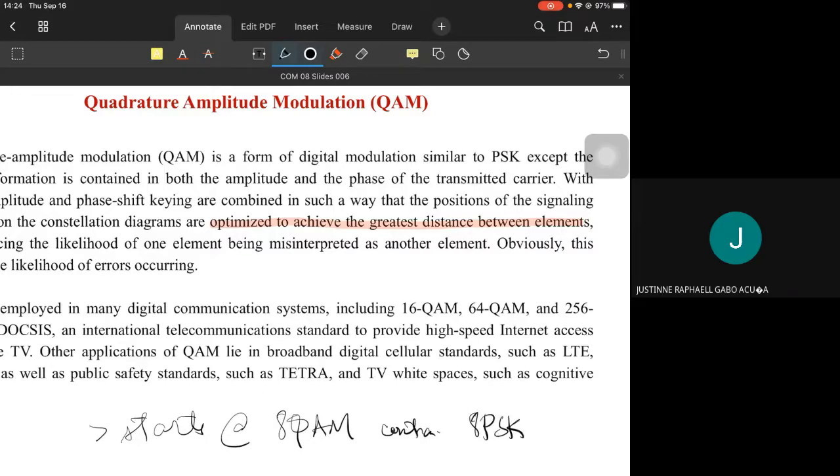It wouldn't be fair to compare 8 PSK with 16 QAM with respect to the distance between elements. It is not logical or fair. But if we want to compare one from the other, we compare the two schemes with the same number of symbols.